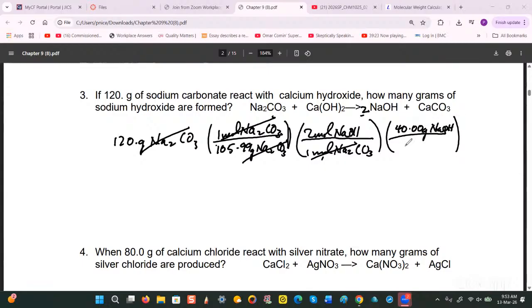And below would be 1 mole of sodium hydroxide. So that this will cancel out with that. So again, we have to do the number crunching. 120 divided by 105.99 times 2 times 40. And according to my calculation, 90.5, actually 90.6. 90.6 grams of sodium hydroxide would be the final answer. And that's how that is done.